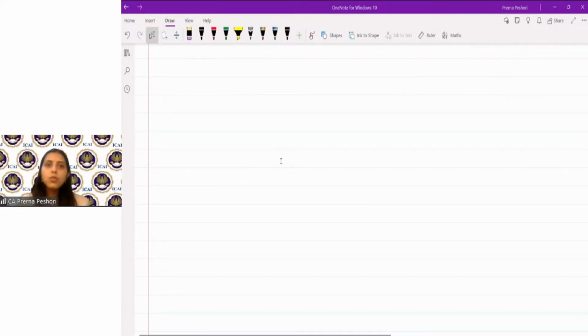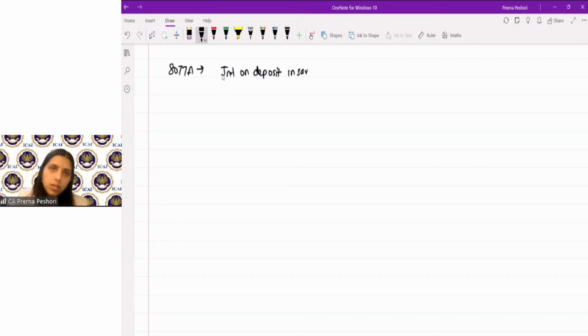Okay. The next one which I'm covering with you is 80TTA. 80TTA is for the interest on deposits in savings account. So for this, who is eligible?